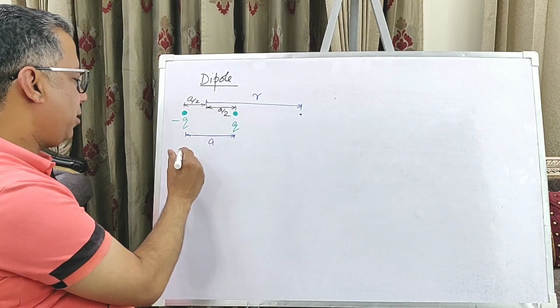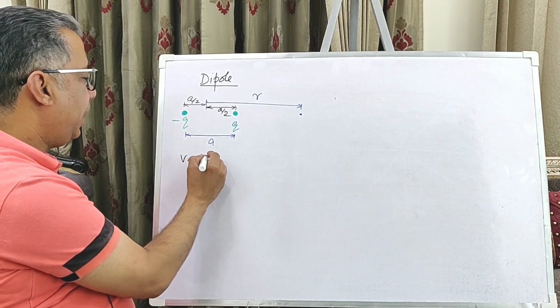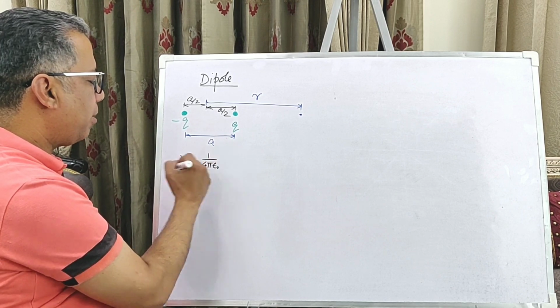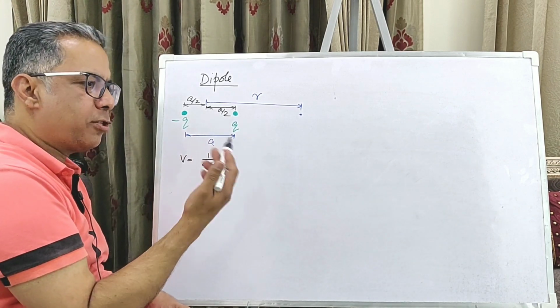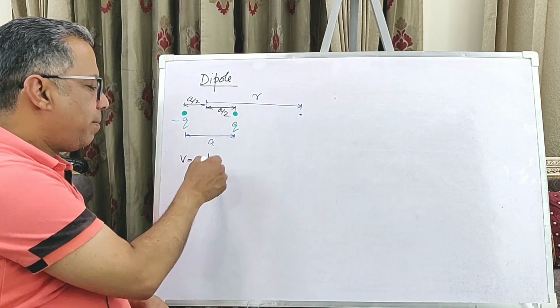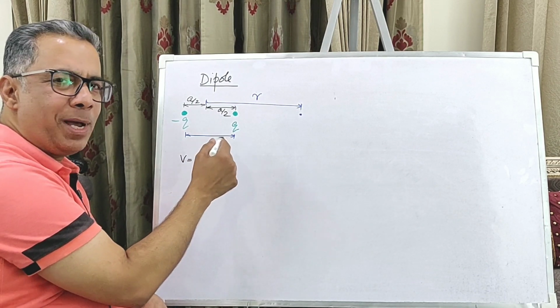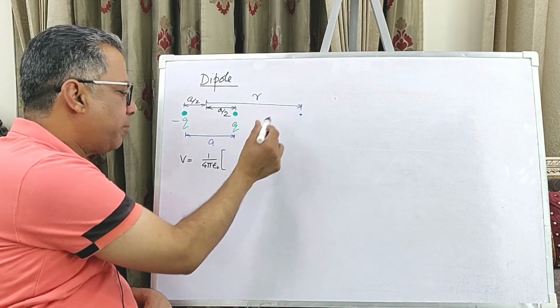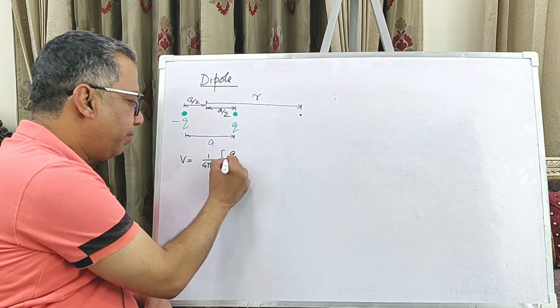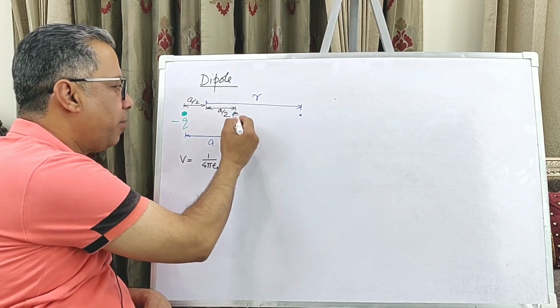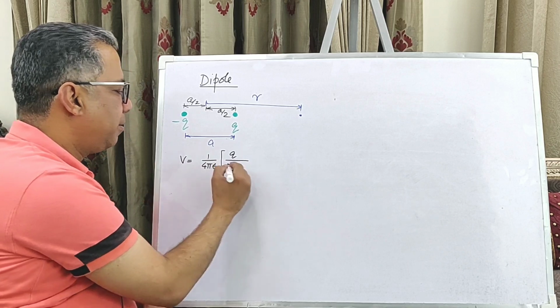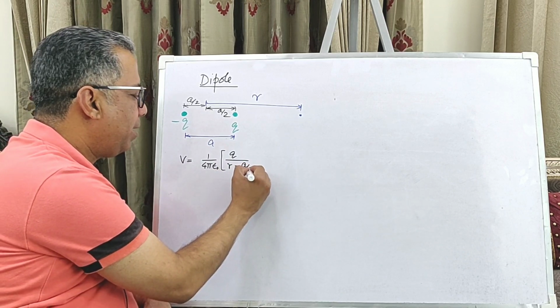So the potential at point P will be given by 1 by 4 pi epsilon naught. Now the potential due to a charge Q at a distance R is 1 by 4 pi epsilon naught Q by R. So for the positive charge, the potential here will be Q by the distance from the point, and that distance here is R minus A by 2.